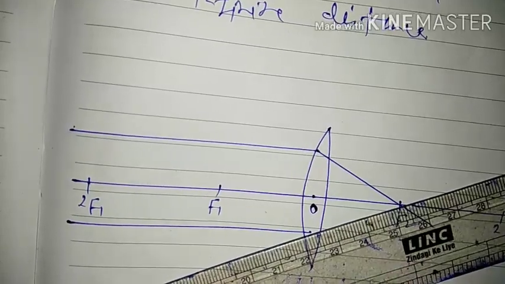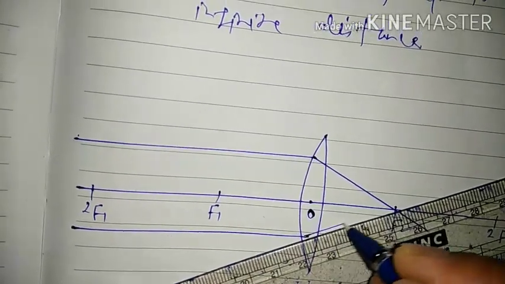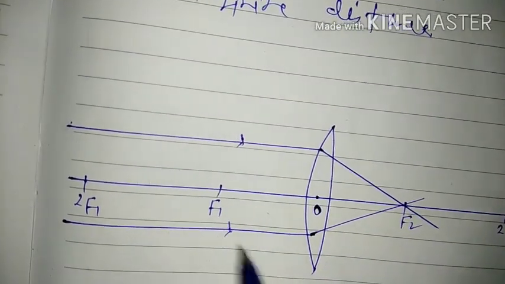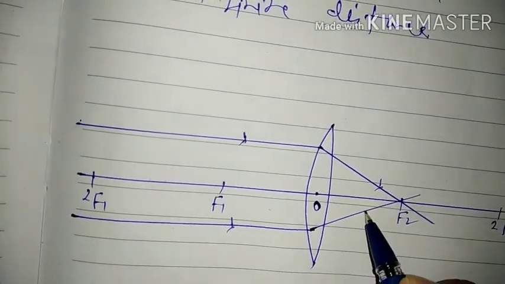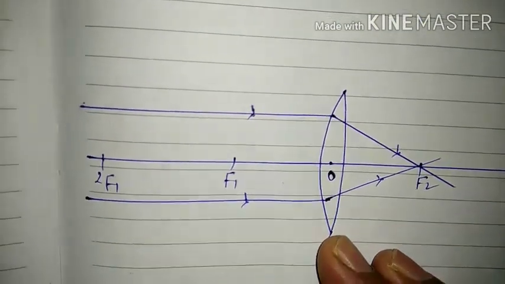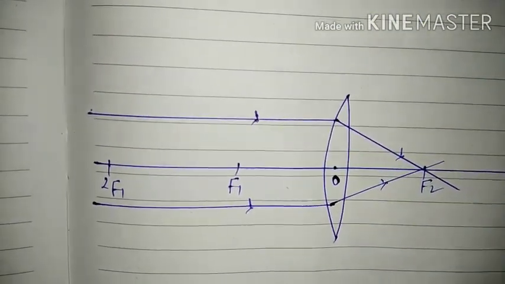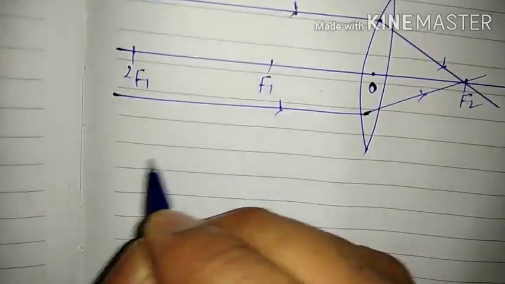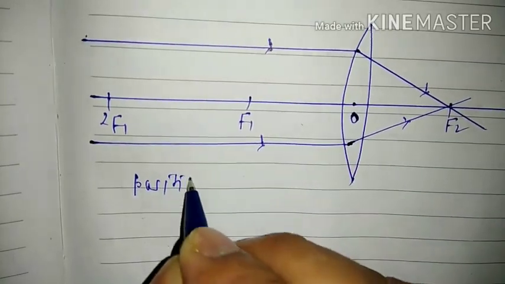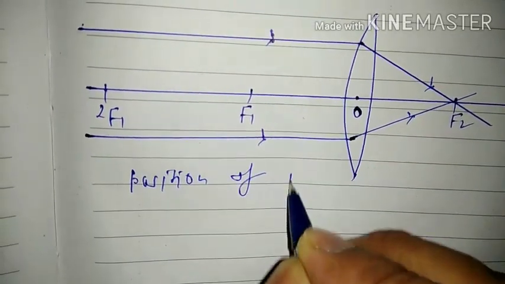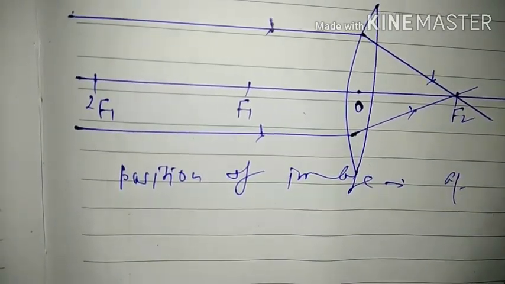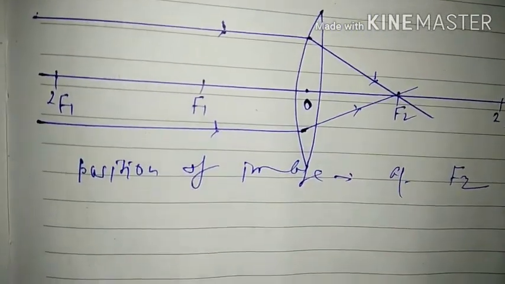So see, what is the position of the image? So if object is at infinite distance, then image is formed at focus on other side of the lens, and so we shall write position of object, then position of image at F2.